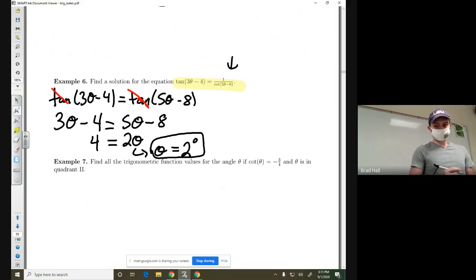So we just get that. So that's finding a solution, which means if you plug in 2 for theta, you will end up getting that both sides of this thing are in fact equal. So pretty much an algebra problem.